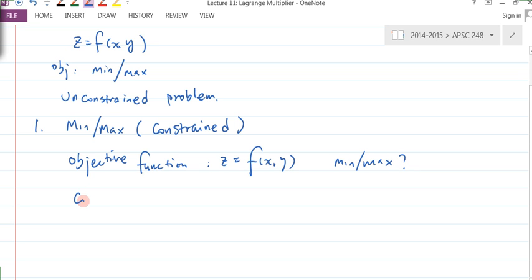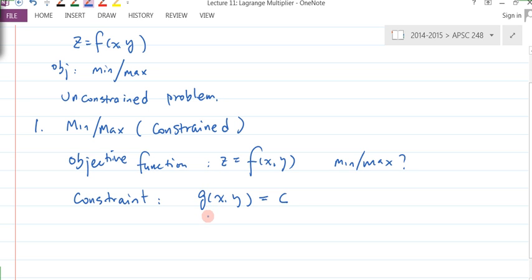And then you have this constraint now. Essentially, your x and y will not change arbitrarily. It's going to be constrained to a function. This is a generic expression we call a constraint: g of x, y, and you can put anything here.